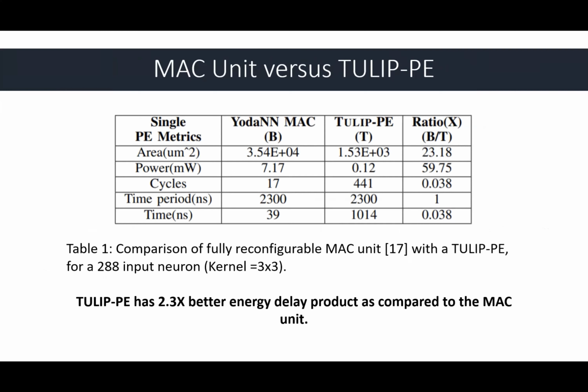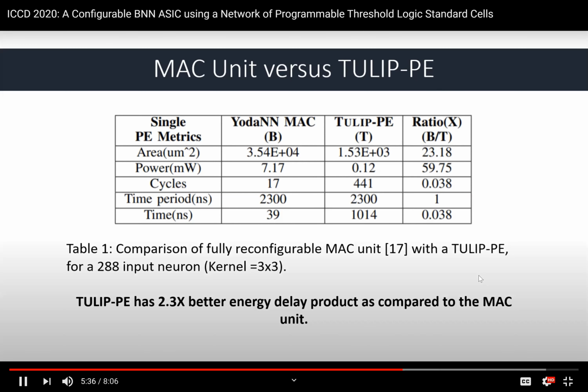It was seen that the Tulip P consumes about 60 times lower power as compared to the MAC unit. However, it is also 25 times slower than a MAC unit. Still, on the whole, the Tulip P has about 2.3x better energy delay product, while being 23 times smaller than the MAC unit.